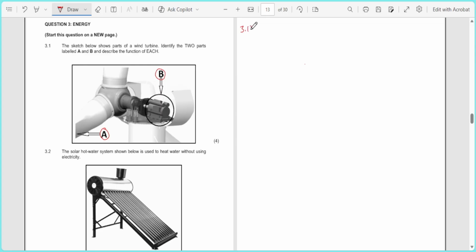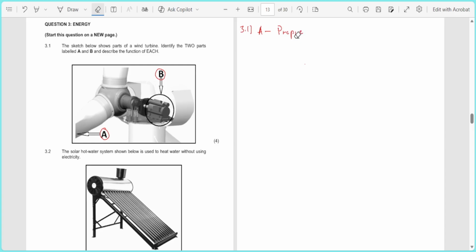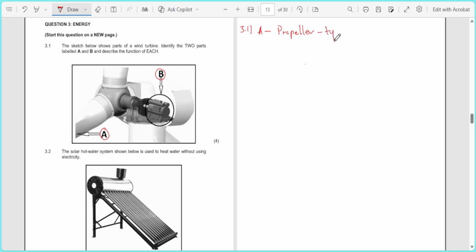3.1. Let's go ahead and answer this one. So A is, what is it called? A propeller. A propeller shouldn't be a double P. It's a propeller type blade.